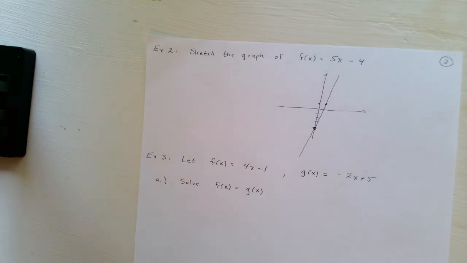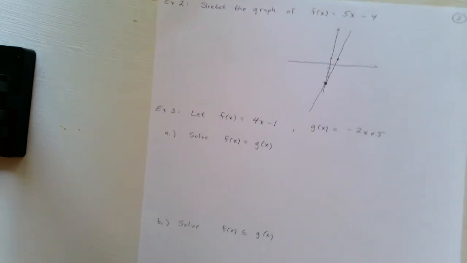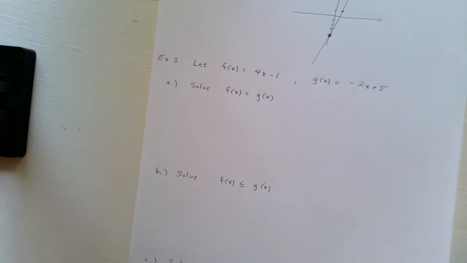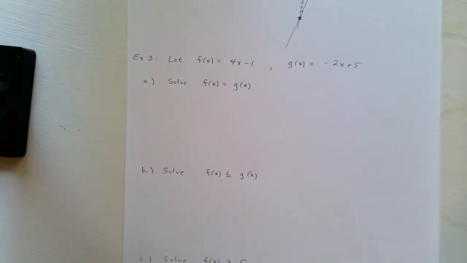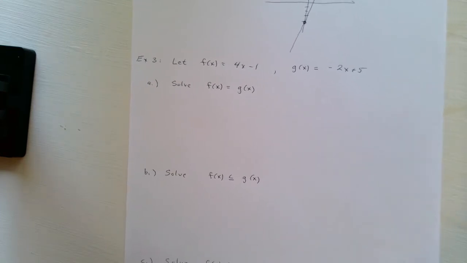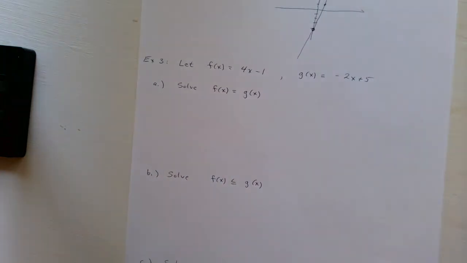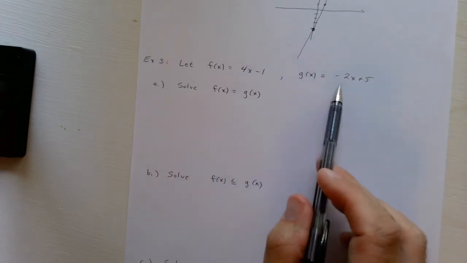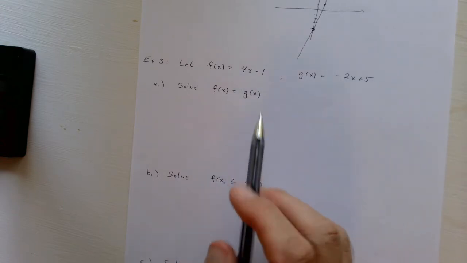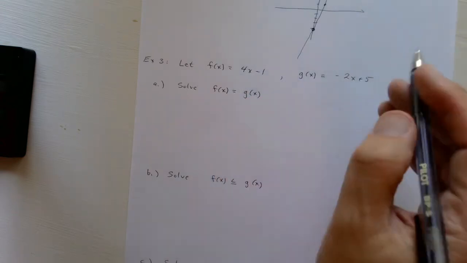Okay, so the next example, we're really going to talk about the intersection of 2 lines. We've already done this. We're just rephrasing this in terms of algebra. Here we have 2 linear functions. We want to know where they're equal, so we can set them equal.